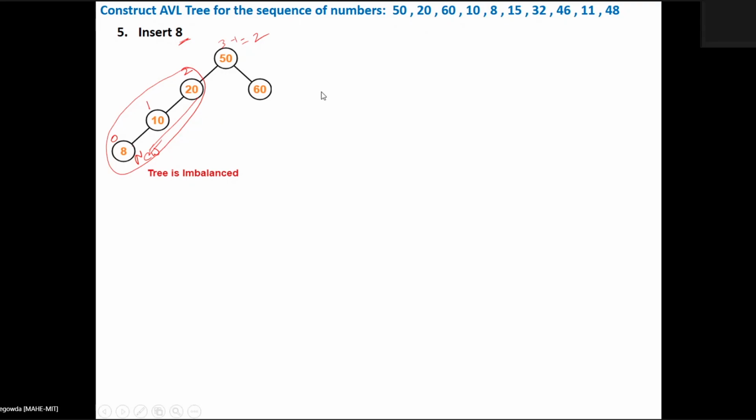No. LL rotation means this way you are supposed to write. You are supposed to apply the right rotation, the RR rotation. When you apply the RR rotation, the tree will be automatically balanced. So which nodes are to be considered? 8, 10 and 20. So now apply it.